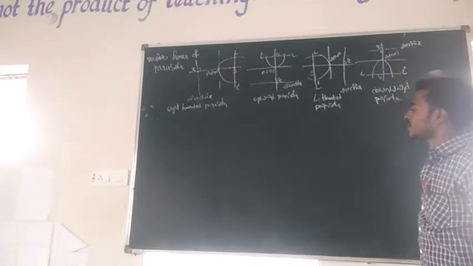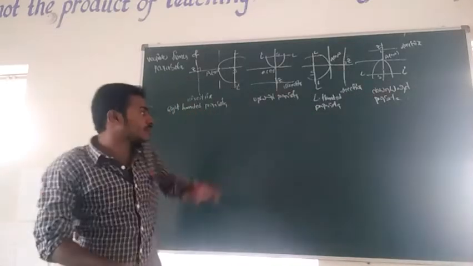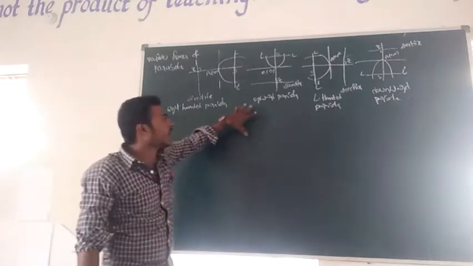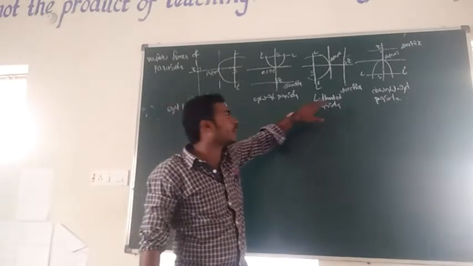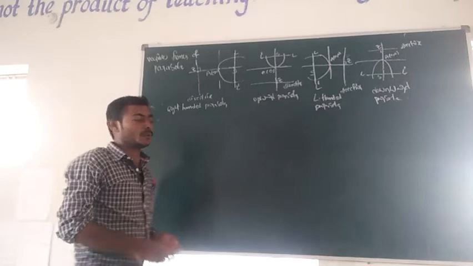We are assigning the names. This one is the right-handed parabola, the upward parabola, the left-handed parabola, and the downward parabola.